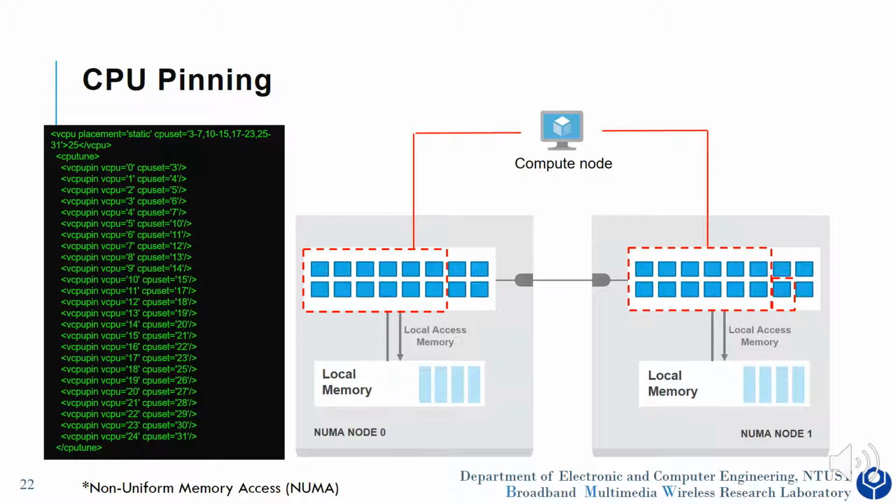And the next optimization that we did was the CPU binding. As for the compute node, which has the largest resource pool, we need to do what is called CPU binding.